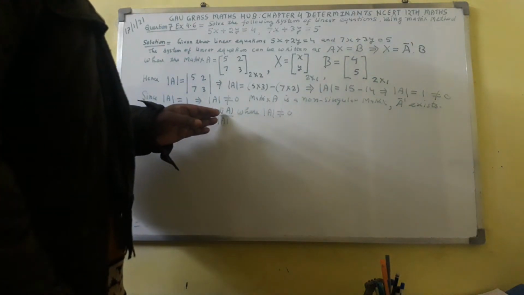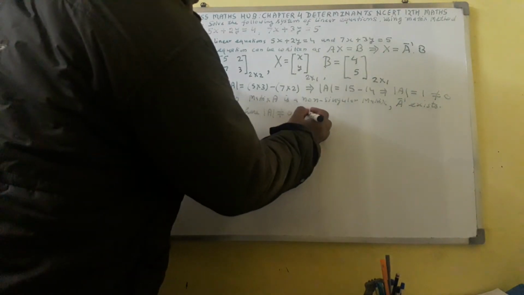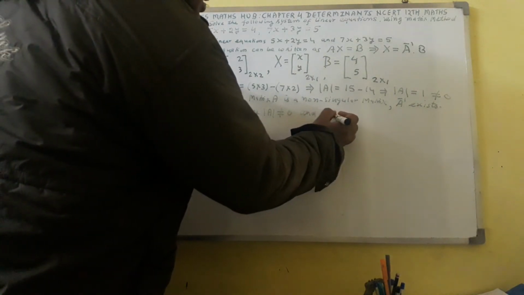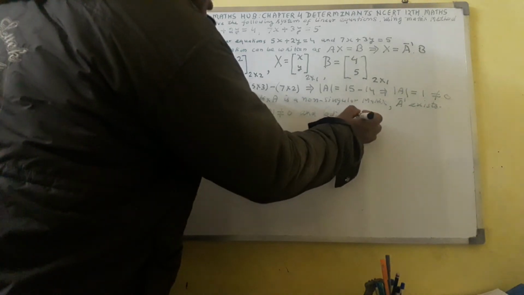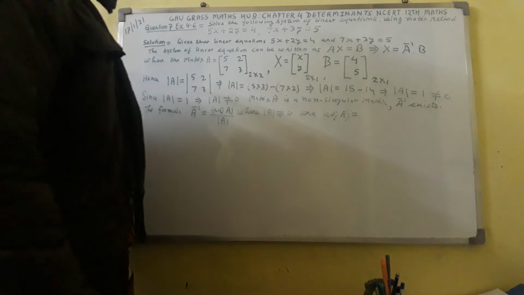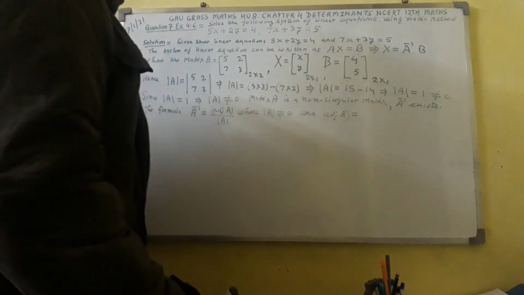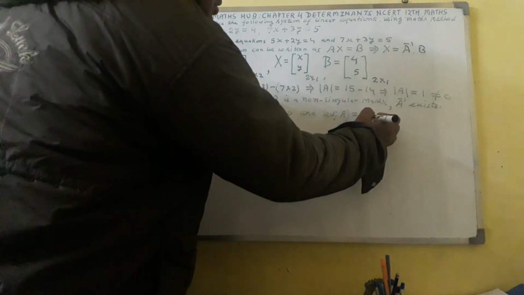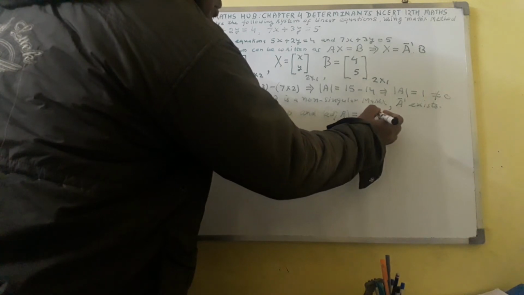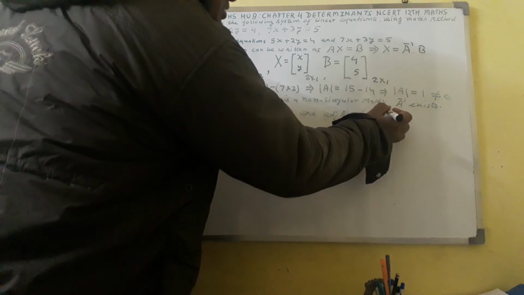So first of all you have to find adjoint A. For adjoint A, there is also a formula: adjoint of matrix A equal to transpose of cofactor matrix.